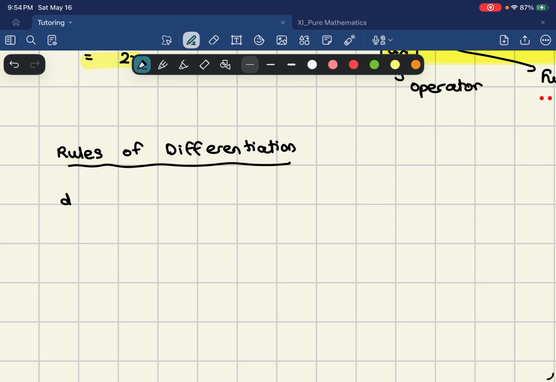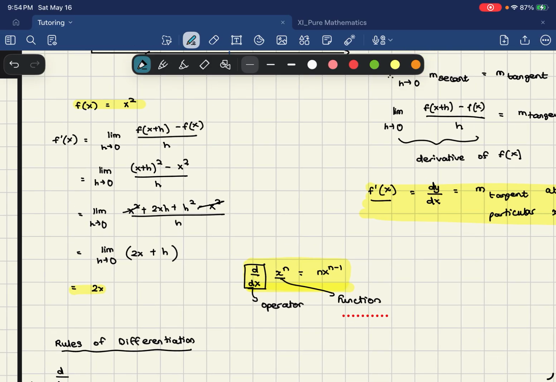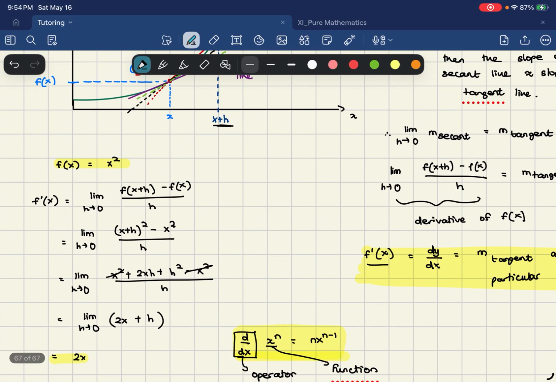So d by dx means take the derivative of. If you come back over here, using the definition we figured out that the derivative of x squared is 2x. So if I ask what is d by dx of x squared, this basically means what is the derivative of x squared? 2x. That is what you're going to give me.